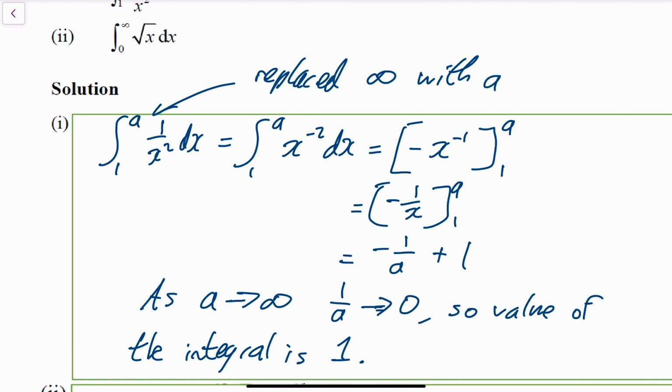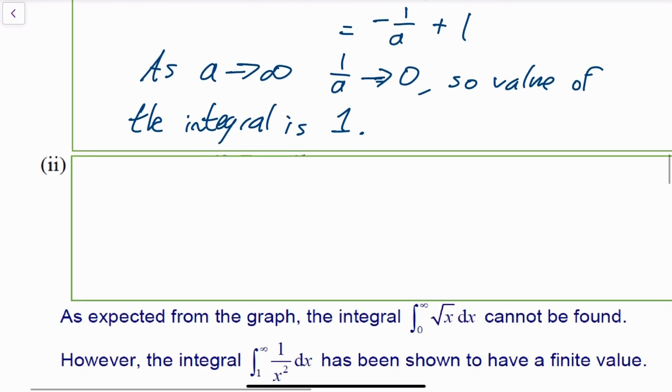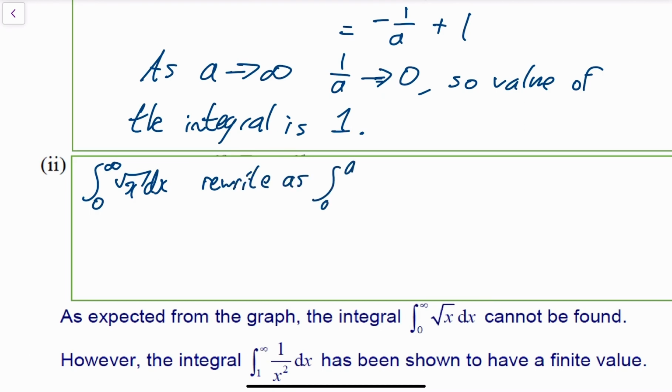Okay, the next one, we were integrating this thing. I'll just write that down again. We were integrating from 0 to infinity of the square root of x dx. What we're going to look at instead is the integral from 0 to a of the square root of x.